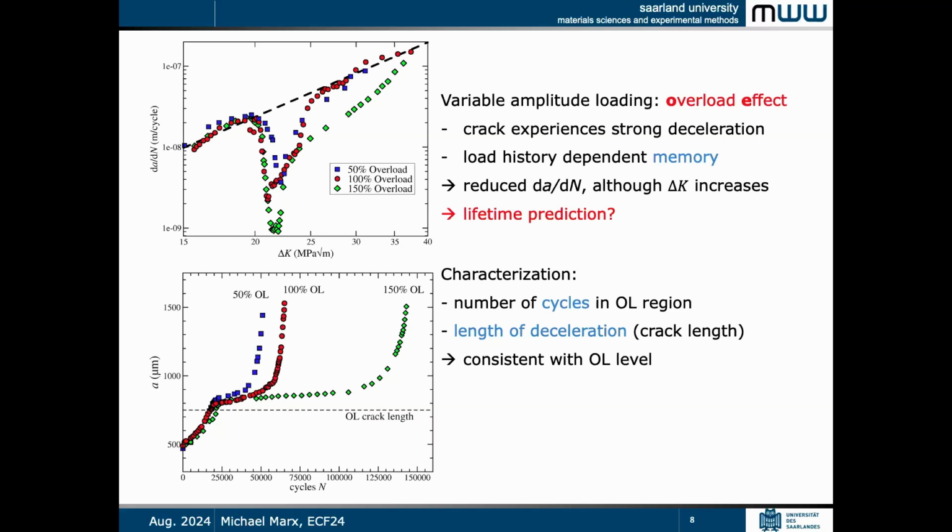And after 50, 100, and 150% overload, as you see here, the effect gets stronger with higher overloads. And now this makes lifetime prediction quite complex if you do not have a constant amplitude loading.